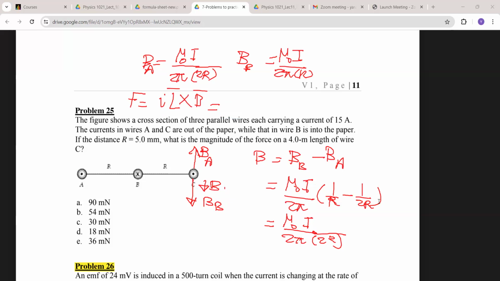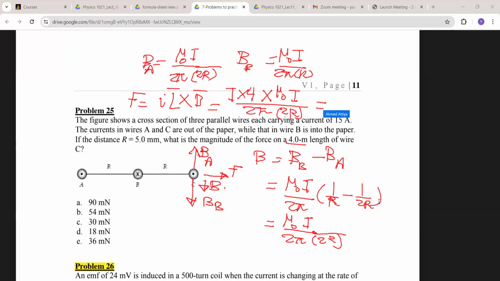This means that the force will be in this direction. Its magnitude is the current I multiplied by 4 meter multiplied by the magnetic field, which is mu naught I over 4 pi R.